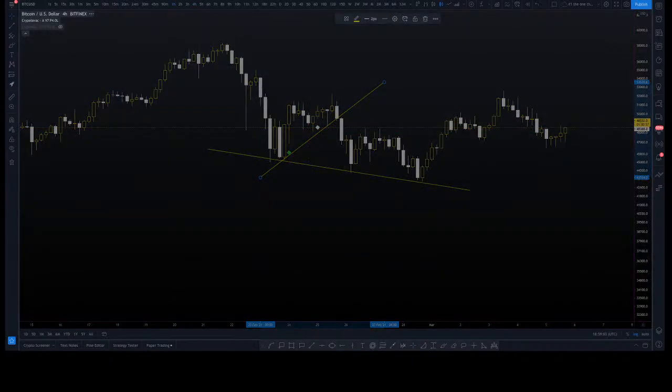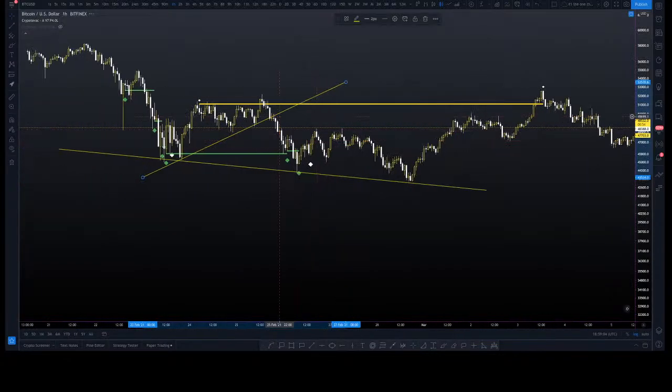So we're now able to identify that there is a trend. The diamond was right here. We're able to identify that there's a trend going on, and as soon as this trend is broken, we're going down to the downside.